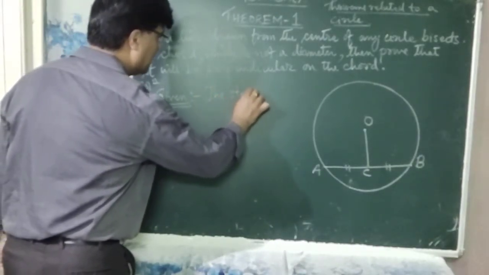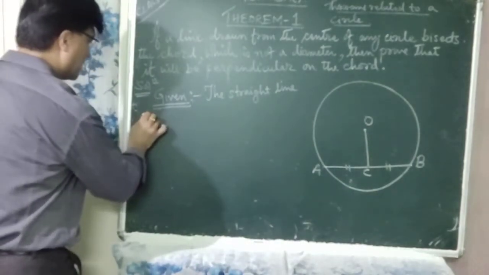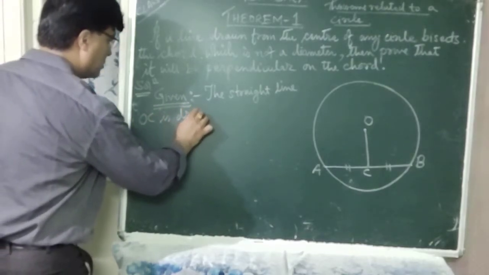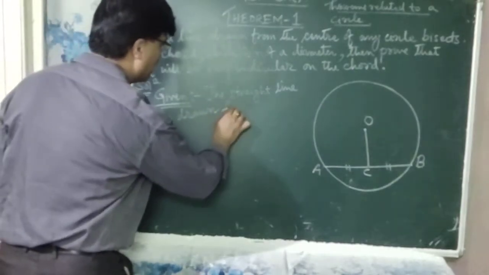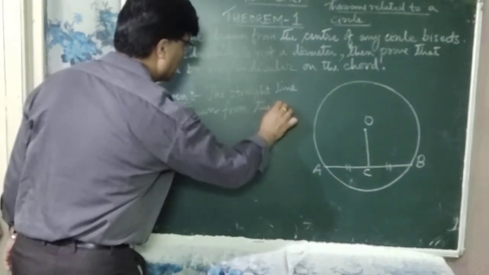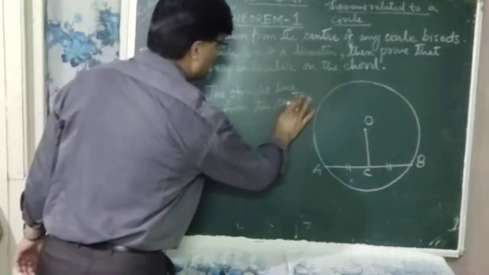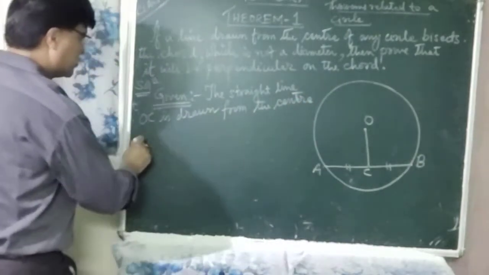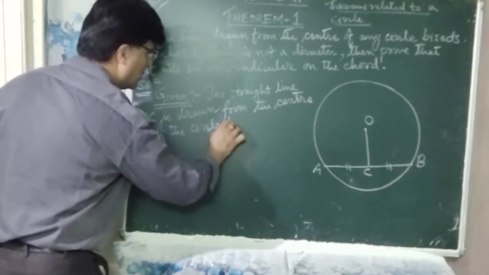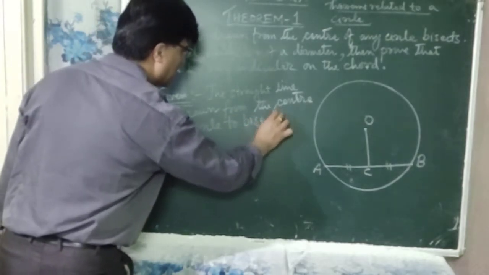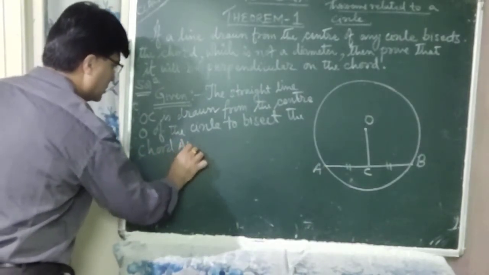The straight line OC is drawn from the center O of the circle to bisect the chord AB.